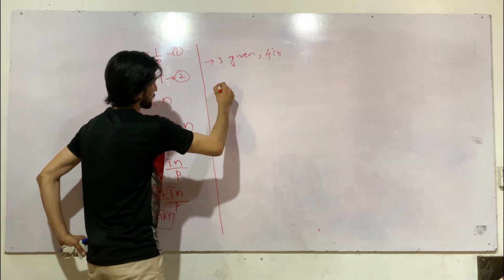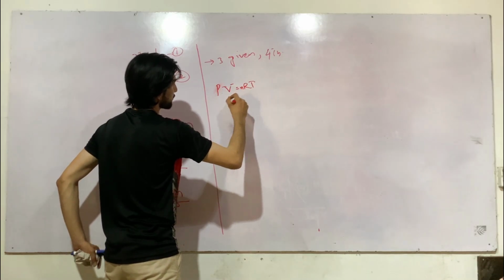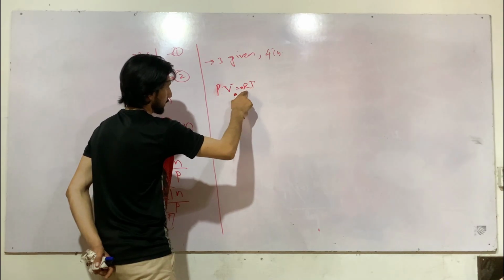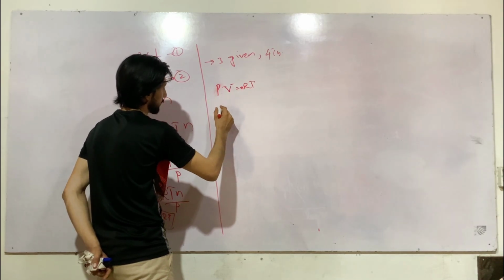Now I will write PV equals nRT. Okay, I can find R if I put these n and T in the denominator of the equation.